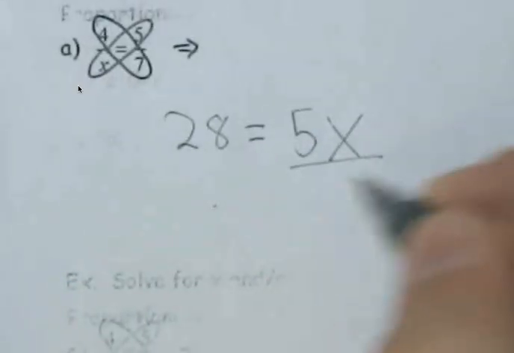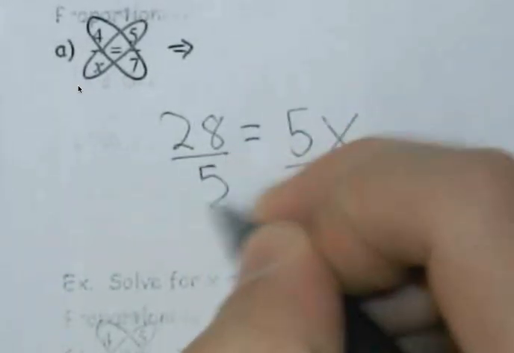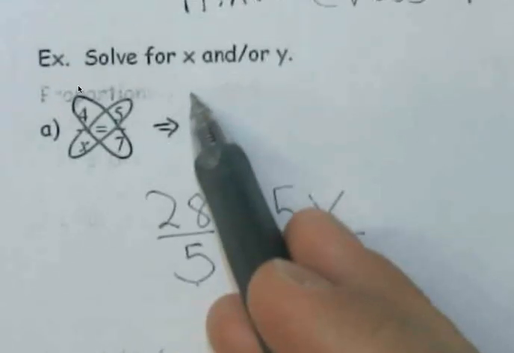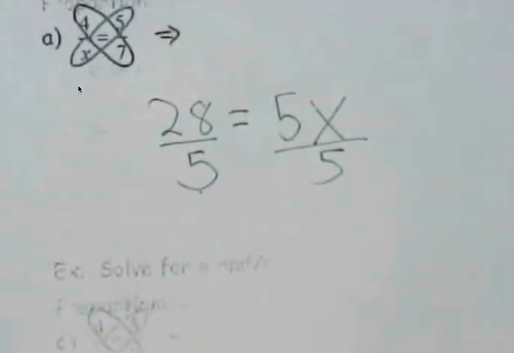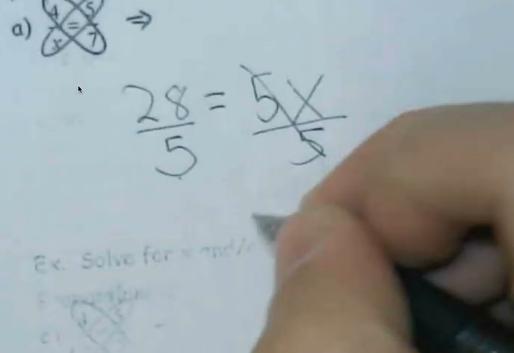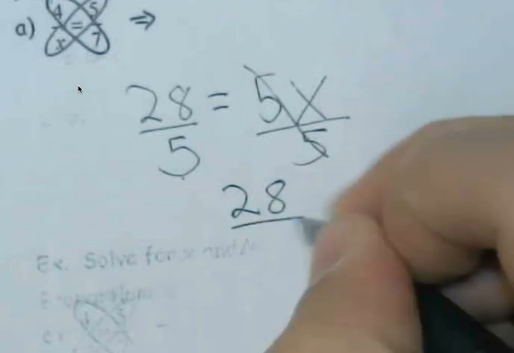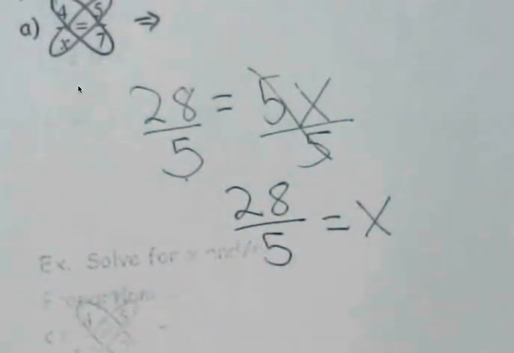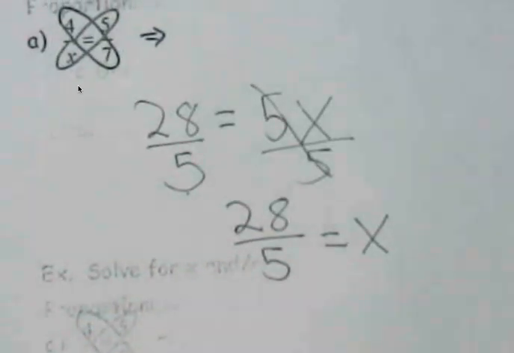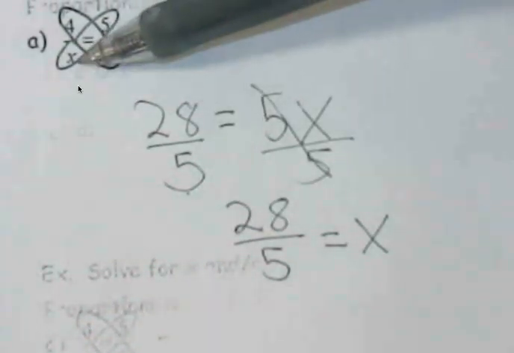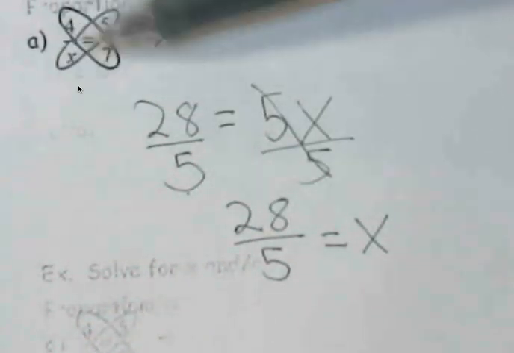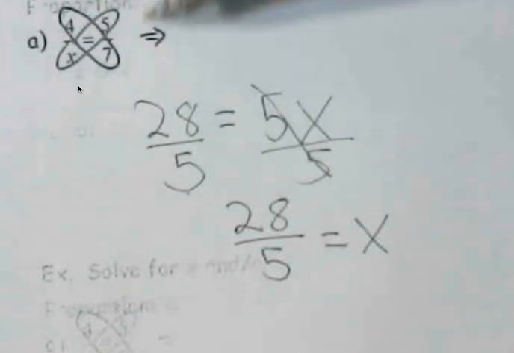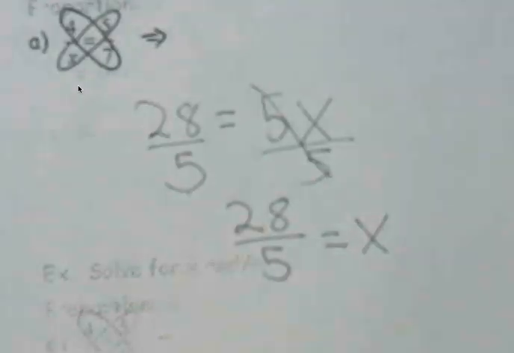We can then divide both sides by 5 to solve for x, because that's our goal. Remember, we're trying to solve. If we do that, this is claiming that x is going to be equal to 28 over 5. The important thing here is that we were trying to find this denominator, and if we were to plug this back in, this would make a proportion, because then these would be equal to each other, those two fractions.